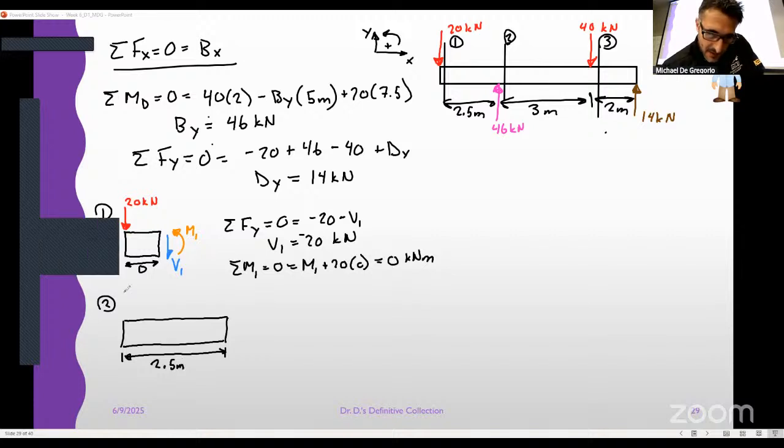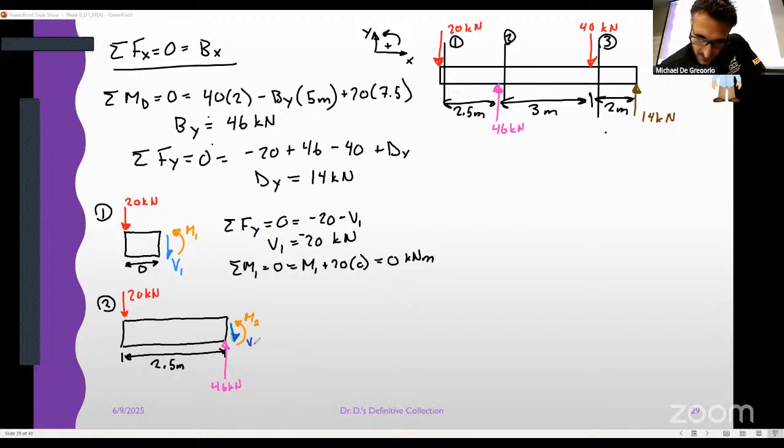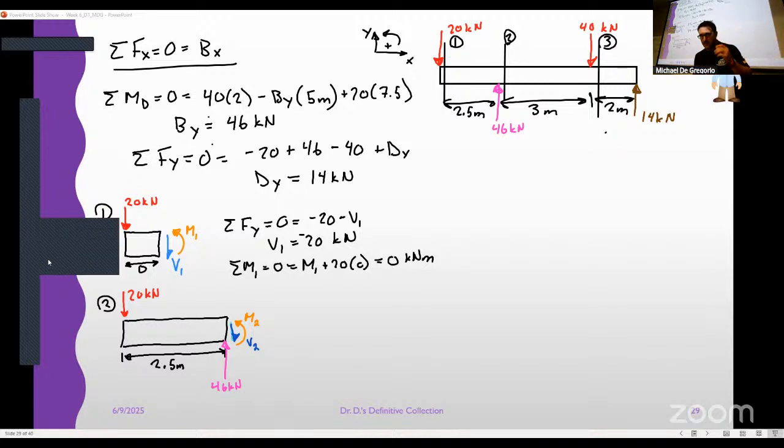I've got my 20 kilonewton force over here, and I've got my 46 kilonewton force here. I got my moment that I'm going to call moment 2, and I've got my shear that I'm going to call V2. No normal because we don't have any axial forces.